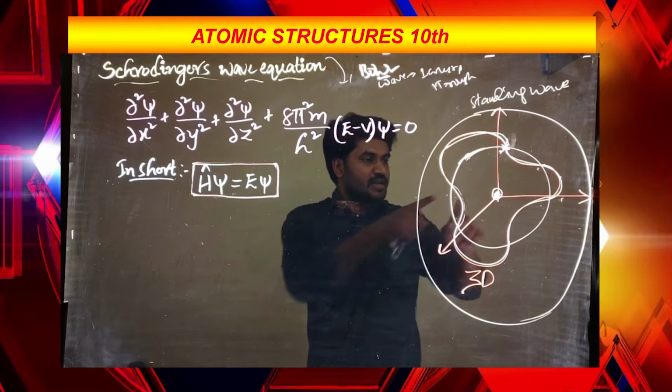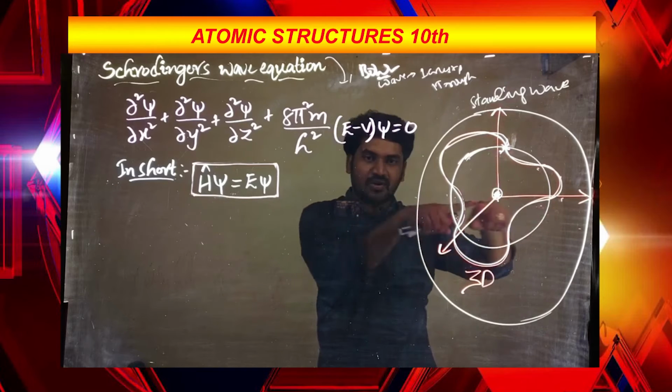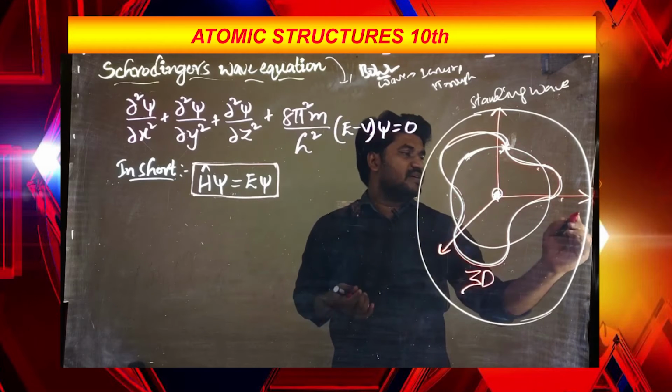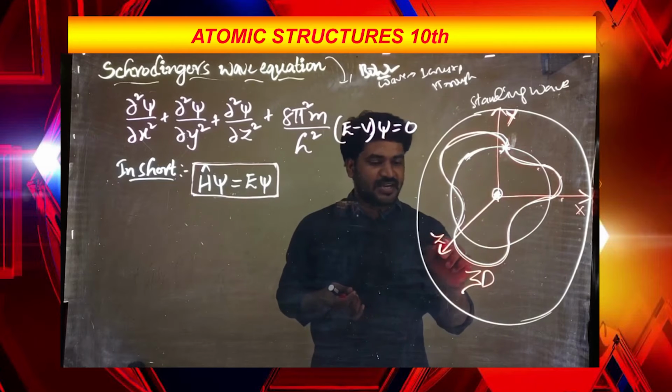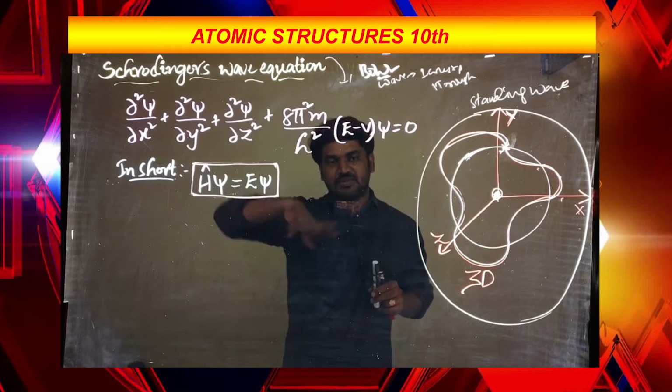The wave is moving along the x axis, the y axis, and also along the z axis. Just imagine a 3D diagram of a wave.